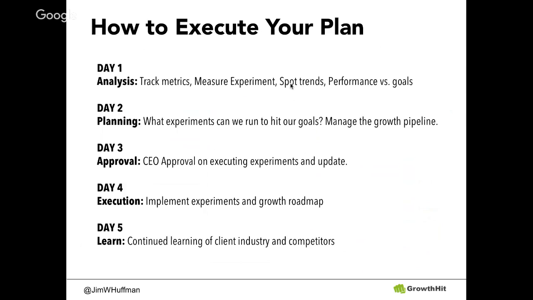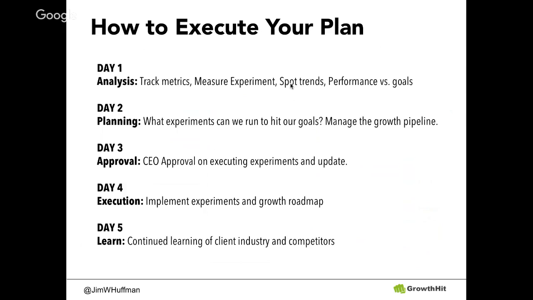And then that usually leads to day 2, where it creates more growth ideas, more growth experiments that we can put into our pipeline and schedule. And then on day 3 is when we get approval from whoever that would be, if it's a client, or for you, if it's with your CEO or whatever it is, on what to actually run. And then on Thursday, day 4, is when you want to execute those experiments and execute your growth roadmap.